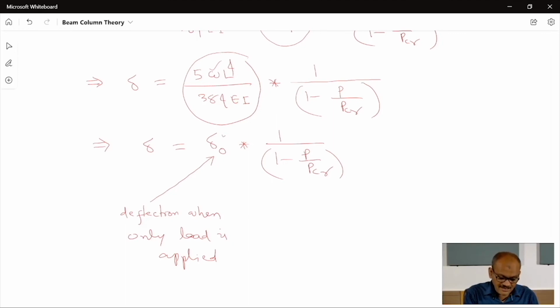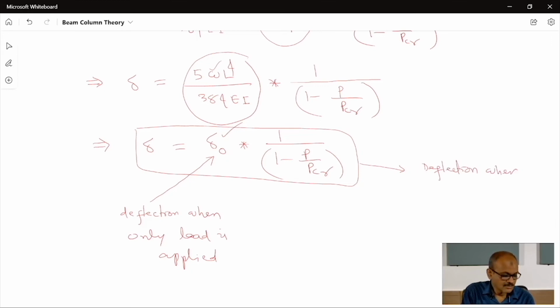This W is the rate of loading. So that is delta naught, which is multiplied by 1 divided by 1 minus P by PCR. So this is the deflection when the beam is subjected to both transverse and axial load.